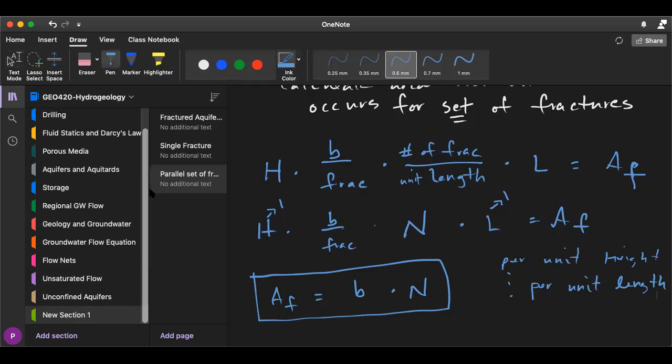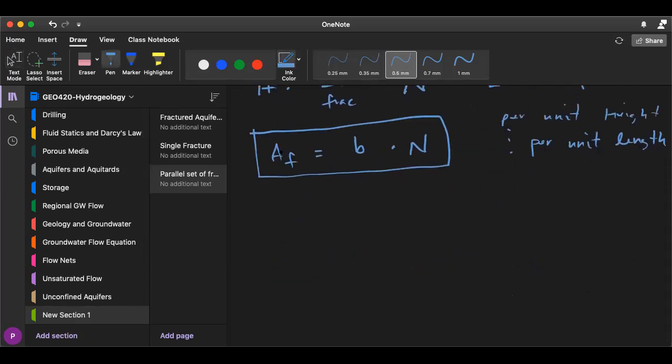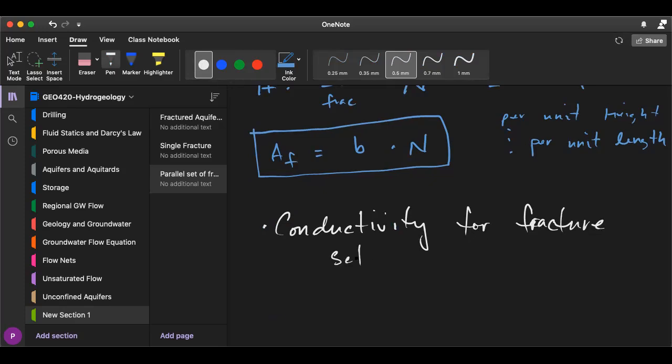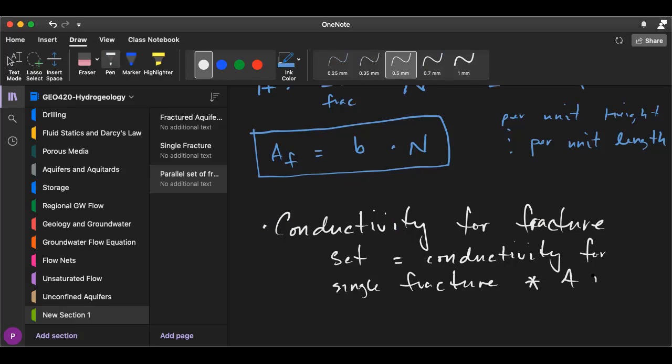Okay, because these fractures are the same aperture, the conductivity for my fracture set is equal to the conductivity for a single fracture times the total area of fractures.